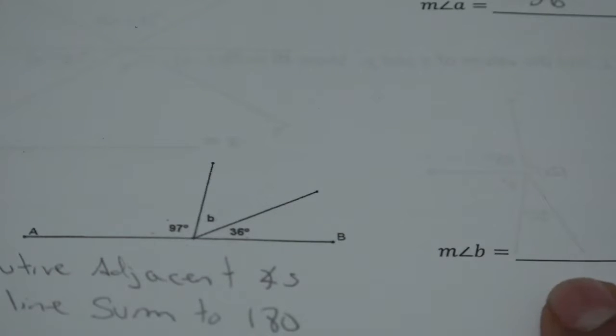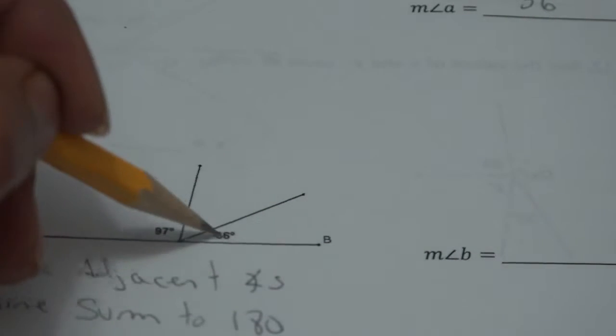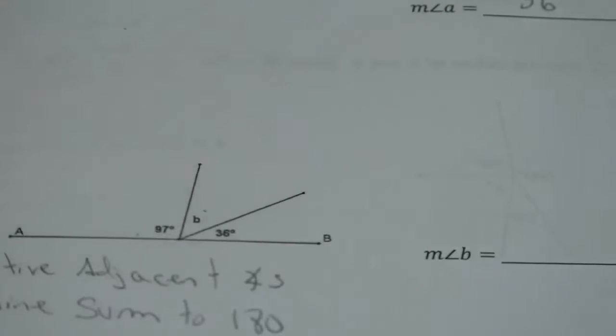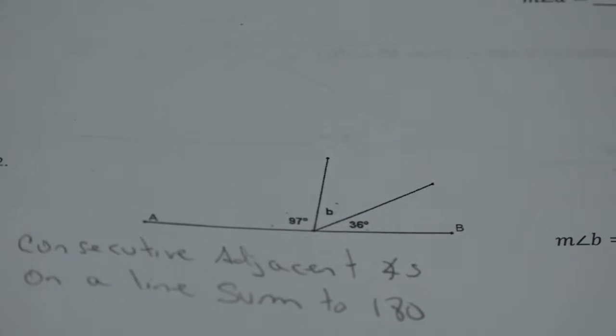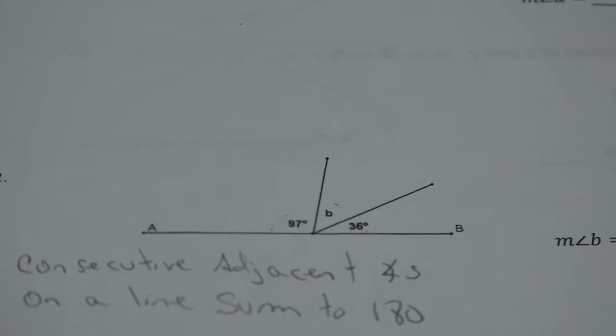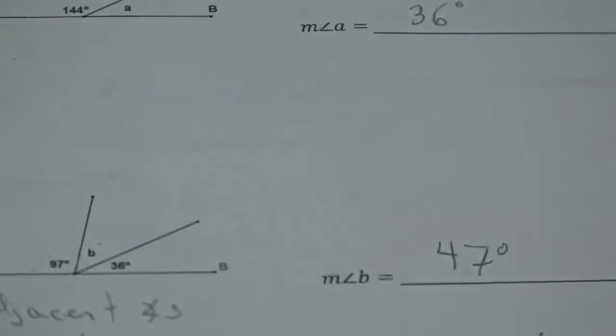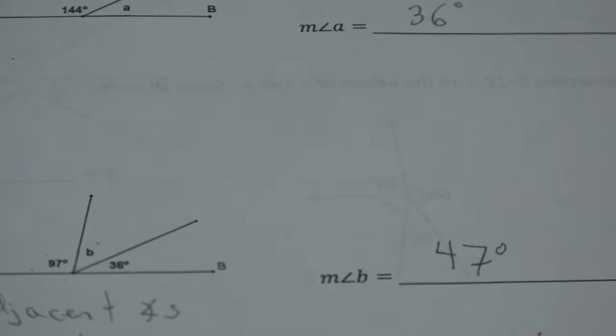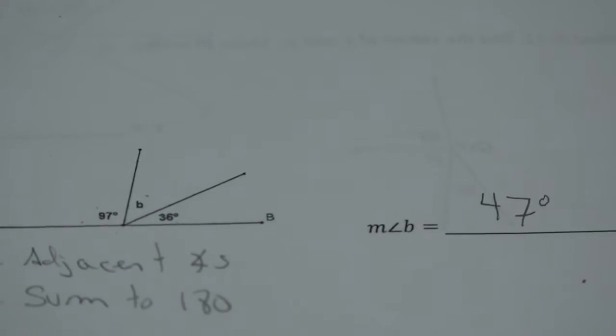All right, so the measure of B, that's easy. Right. 47 degrees. All right, now let's go on to the next page.